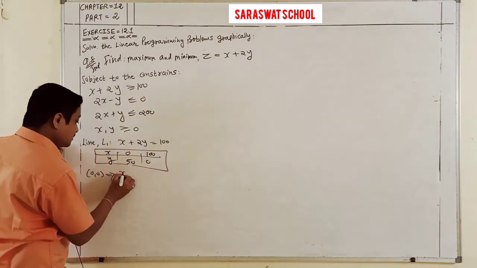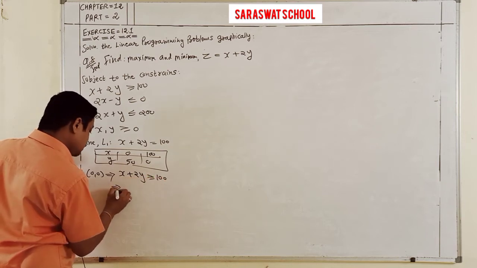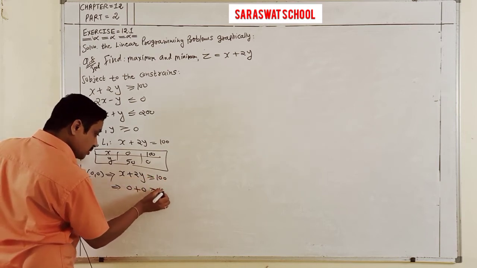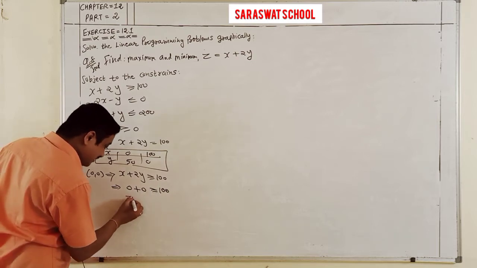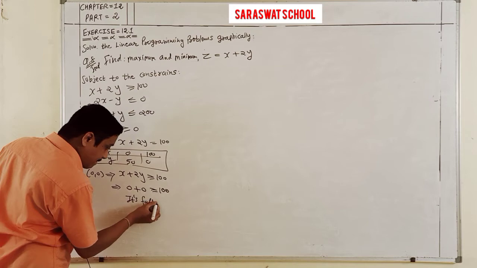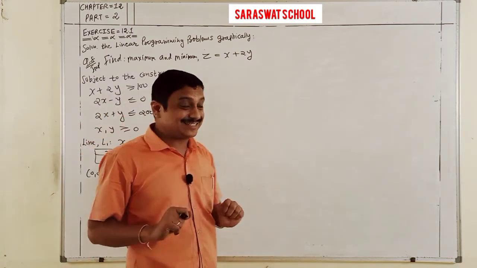So x plus 2y is greater than 100. So here 0 plus 0 greater than 100, and 0 greater than 100 is not possible, it is false. It means your graph is not passing through the origin side.